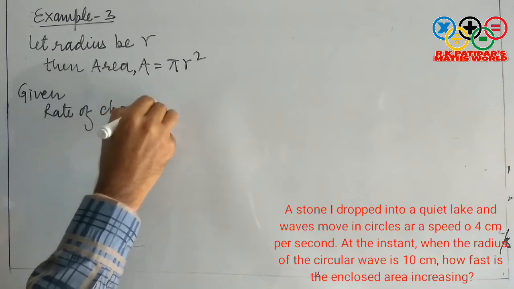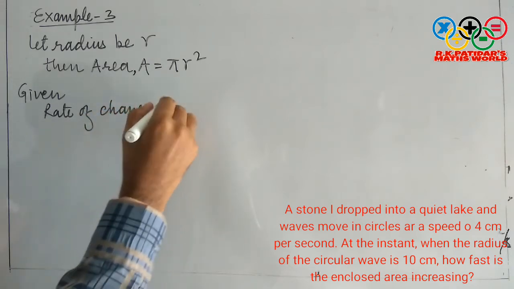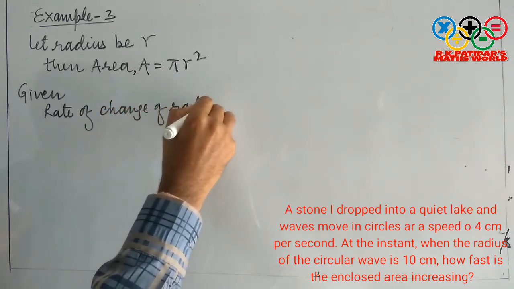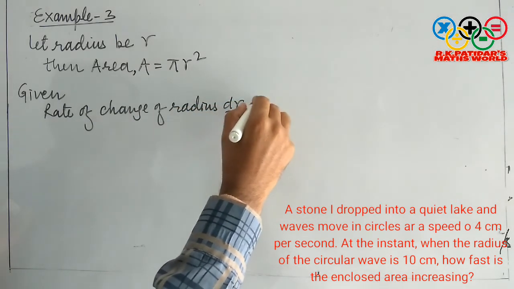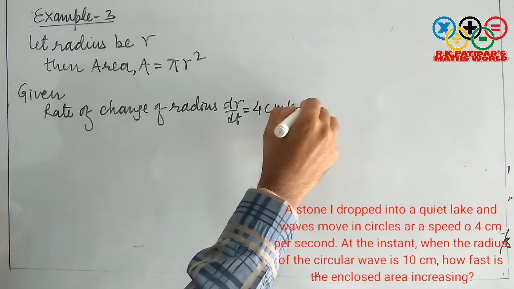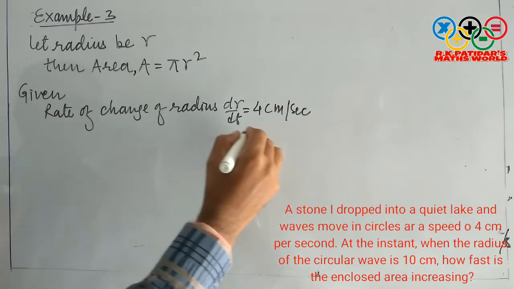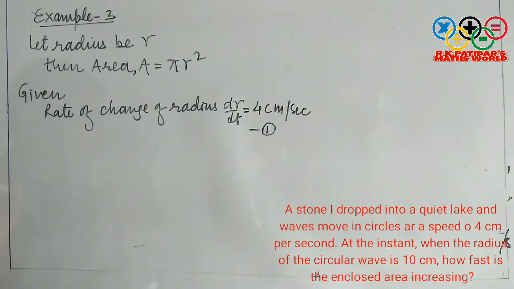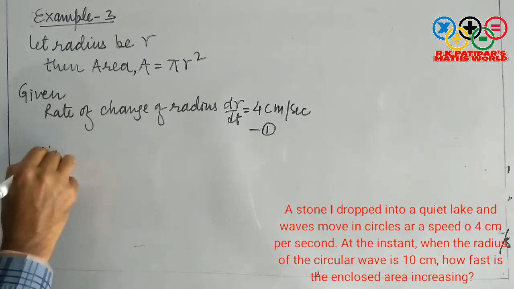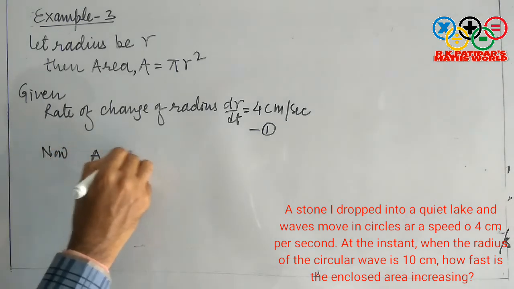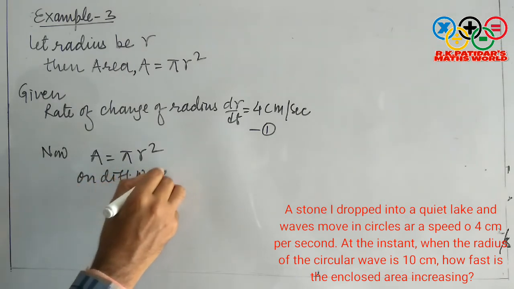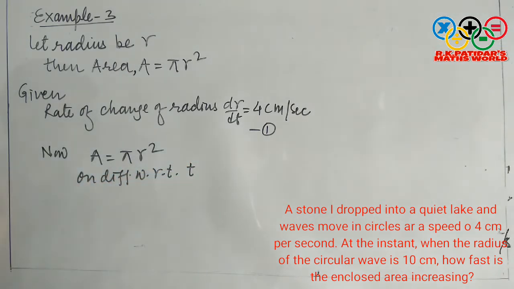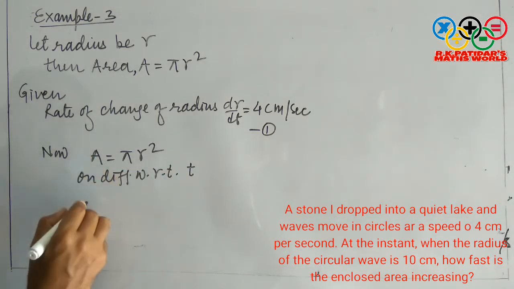The rate of change of radius is given, that is dr upon dt is equal to 4 centimeter per second. This is given, dr upon dt. We have to find out the rate of change of its area. Now A is equal to pi r square, on differentiating with respect to t. We have to find out the rate of change of area with respect to t.